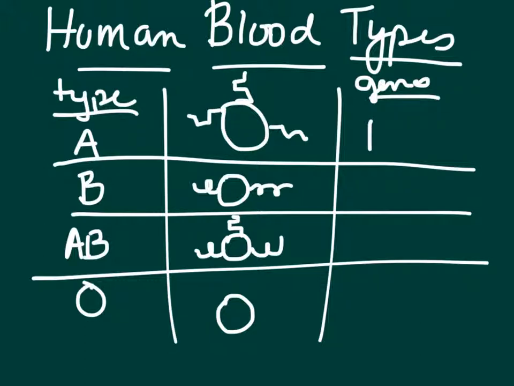If you are type A, you get an allele that we call capital I superscript A. And if you are type B, you get capital I superscript B. If you are type AB blood, we already know your whole genotype.